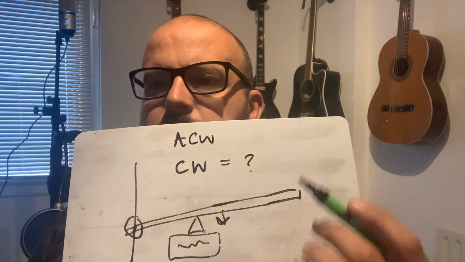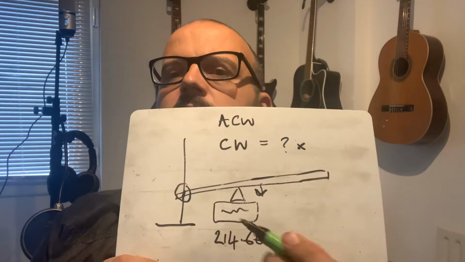So if anti-clockwise is equal to clockwise, I just write this out here. My clockwise one was our weight of the ruler, which we didn't know, multiplied by, and this is why I didn't mention the distances earlier, because we've got 2 options here.